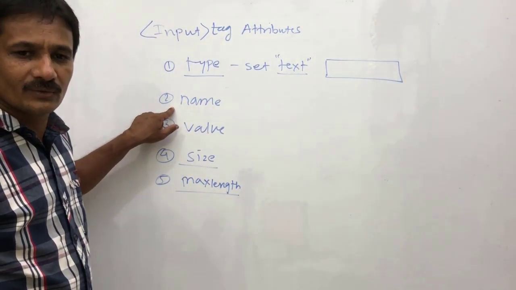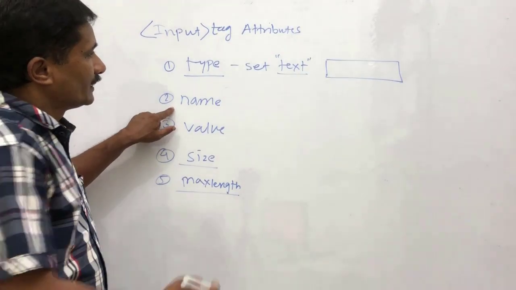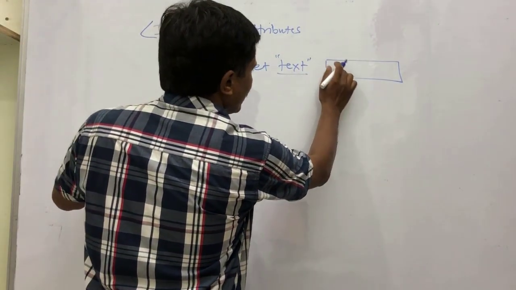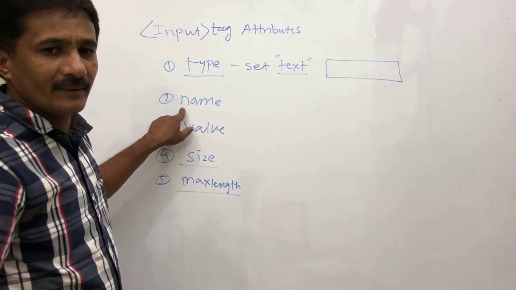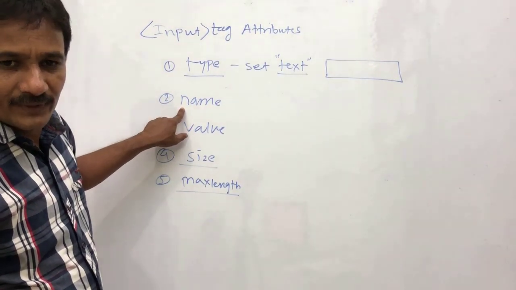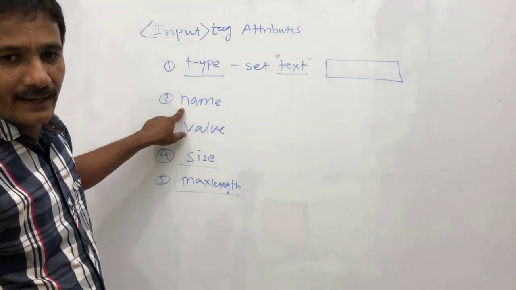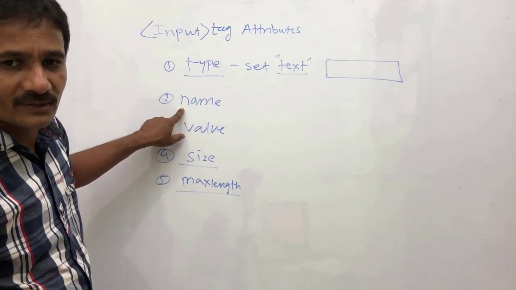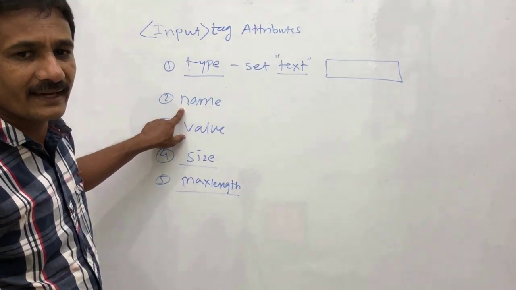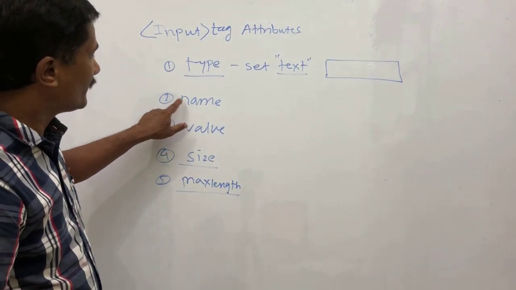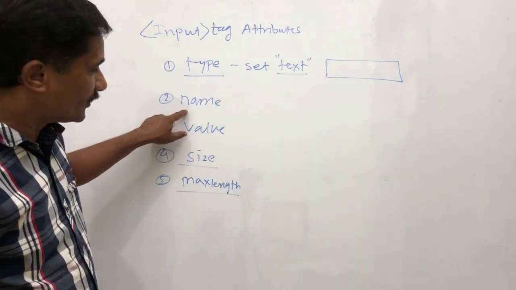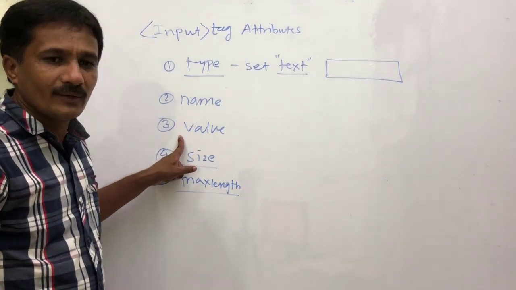Okay, next attribute is name. Name is used to give a name to the control. You can give the name to this control by using the name attribute, and the control is sent to the server to be recognized and get the values by using the name attribute. Next attribute is value.